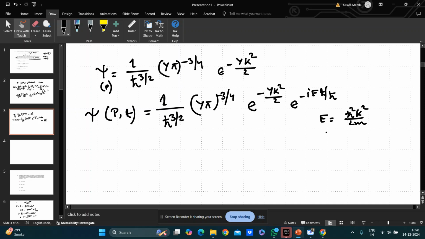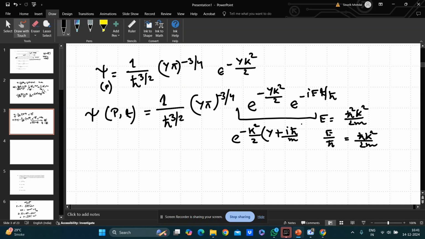So E by h cross is simply h cross k squared by 2m. So this term will give you e to the power minus k squared by 2 into (gamma plus i h cross t by m). This is phi p at time t.